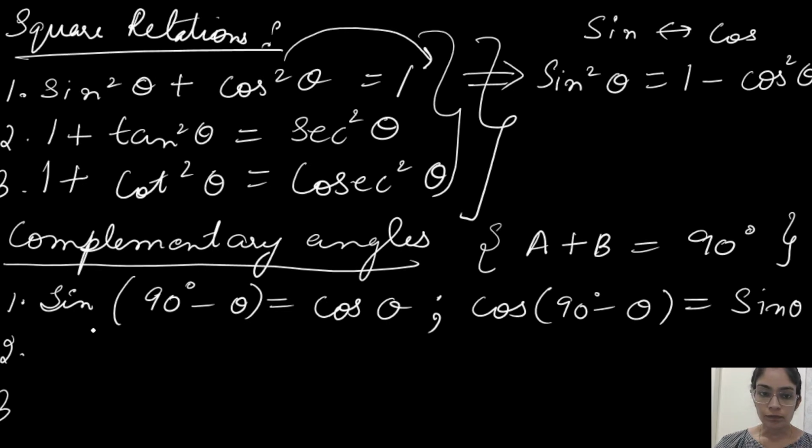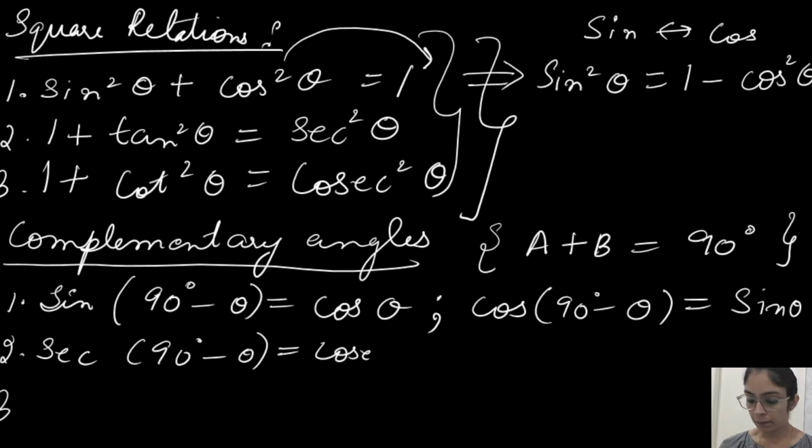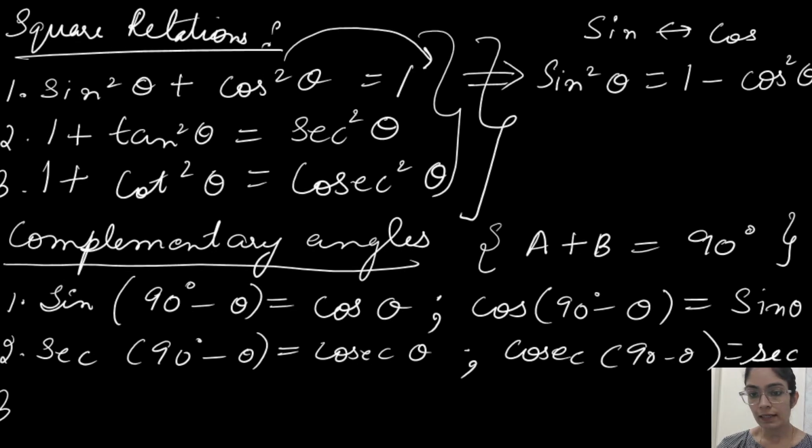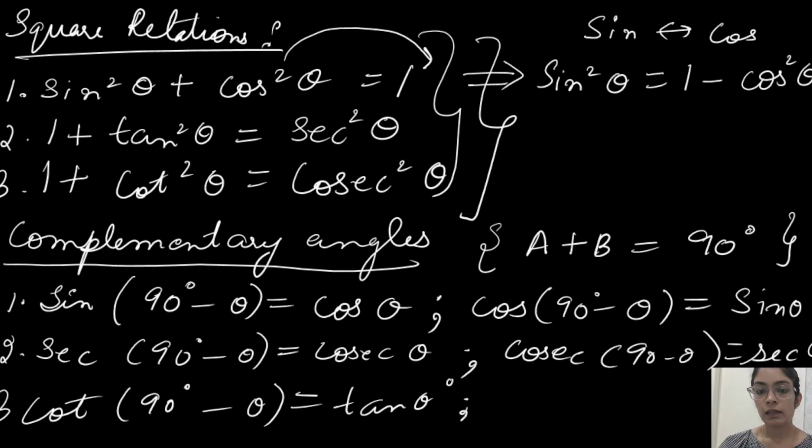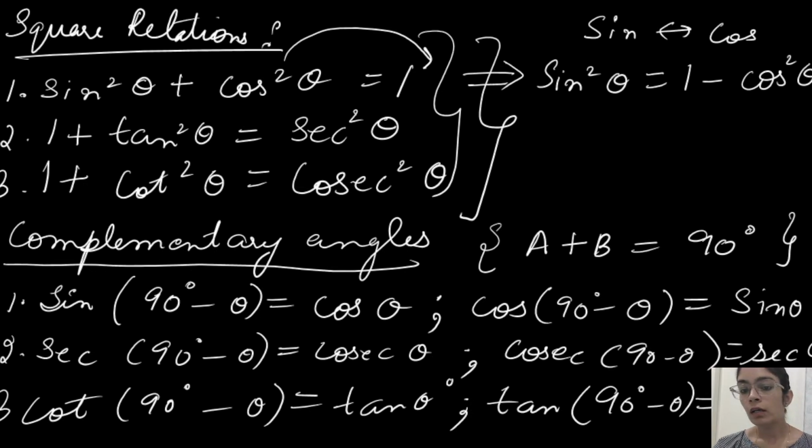Then see, these sin and cos are related. Here secant and cosecant are related: sec(90 minus theta) equals cosec theta, and then cosec(90 minus theta) equals sec theta. The third one is cot(90 minus theta) equals tan theta, or you can express it the other way, tan(90 minus theta) equals cot theta.